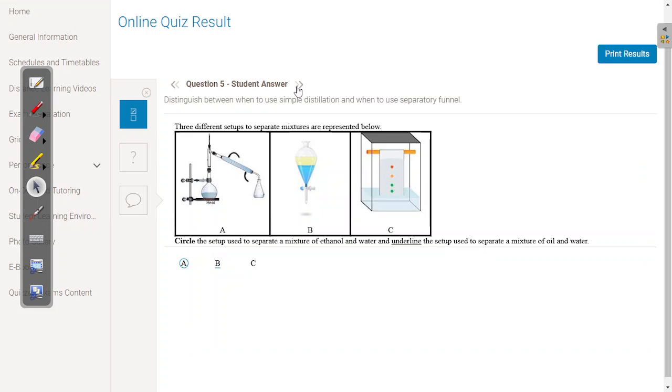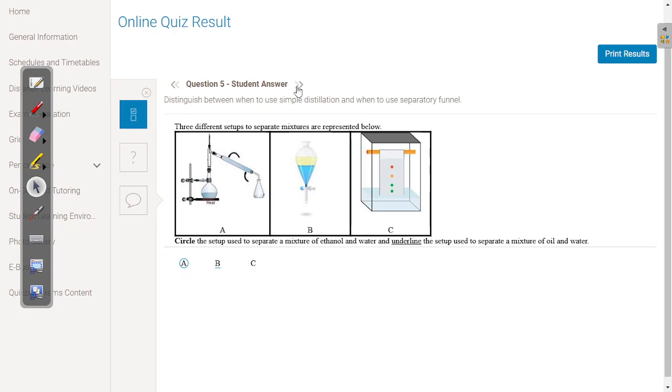Circle the setup used to separate a mixture of ethanol and water, and underline the setup used to separate a mixture of oil and water. A is fractional distillation, and that one is used for ethanol and water because they have close boiling points, and they mix together.